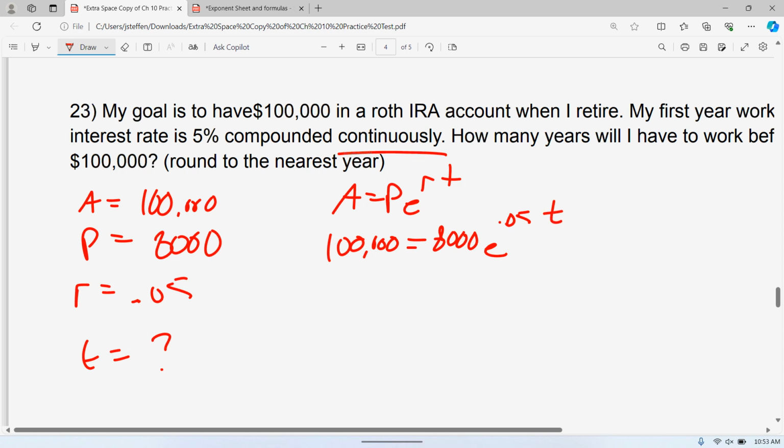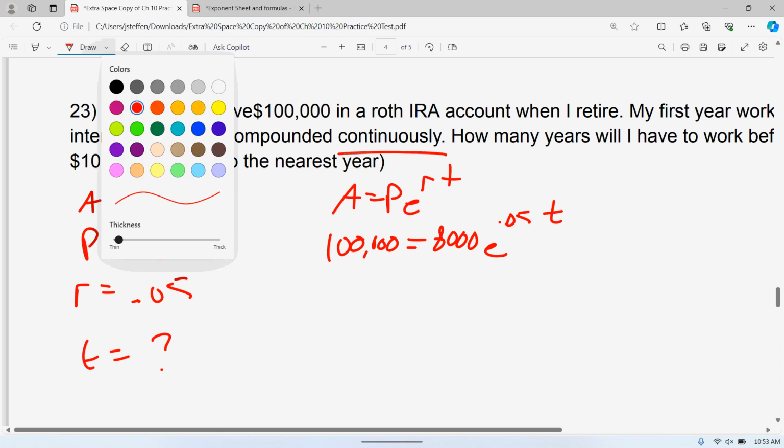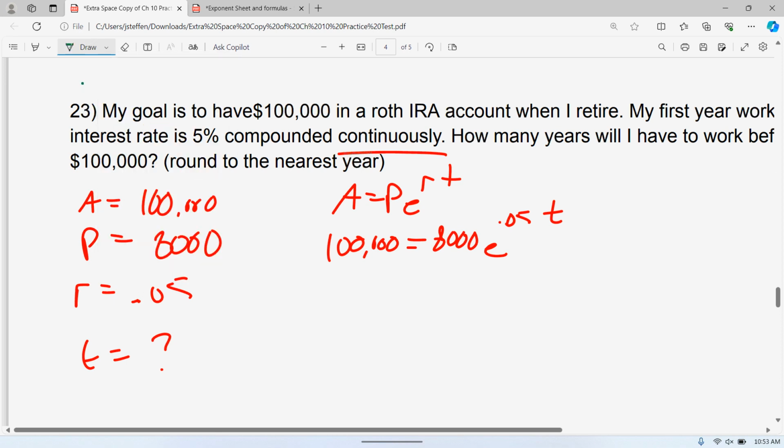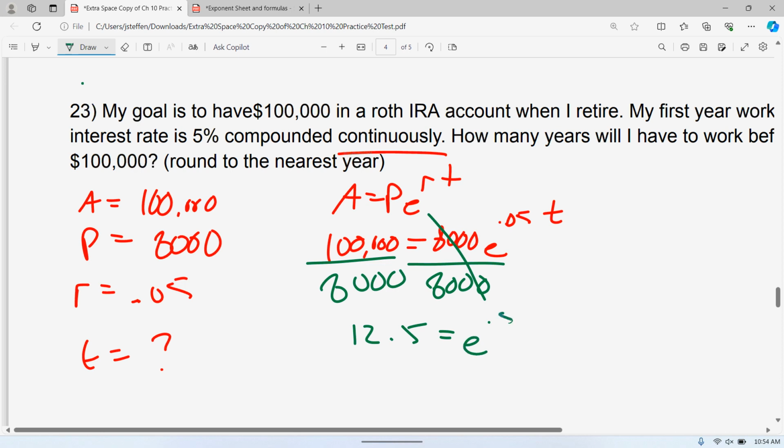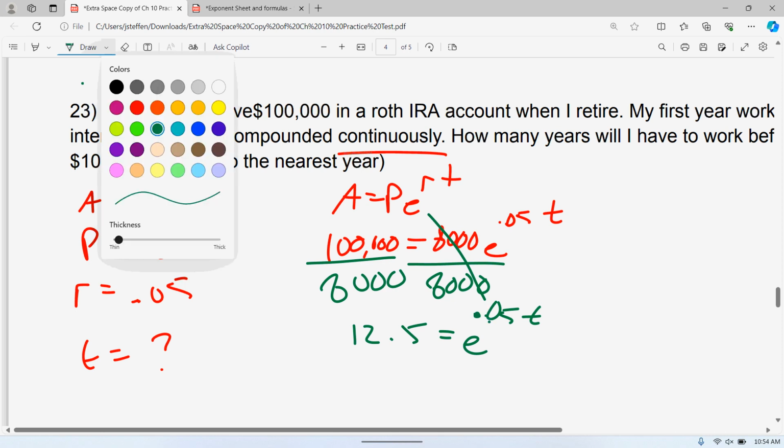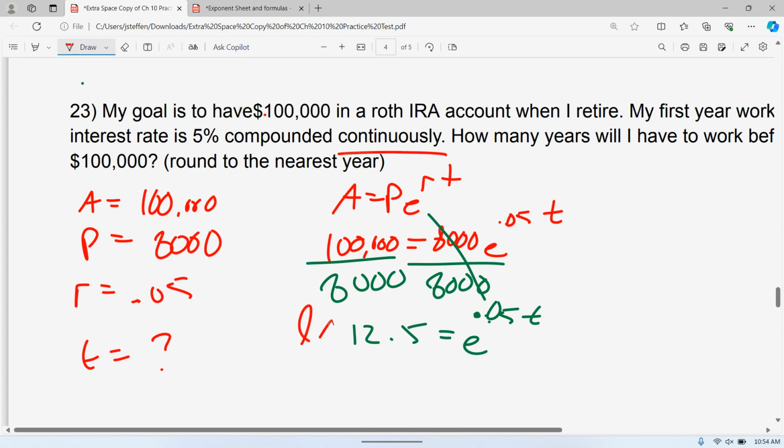And start simplifying this. Remember, the ones that are like this, you do them all the same. The first step is to get rid of that 8,000. 100,000 divided by 8,000 is 12.5, equals e to the 0.05t. This is where the natural log comes in, and the reason we use the natural log is because of this. When you take the natural log of both sides, this side doesn't change a lot.